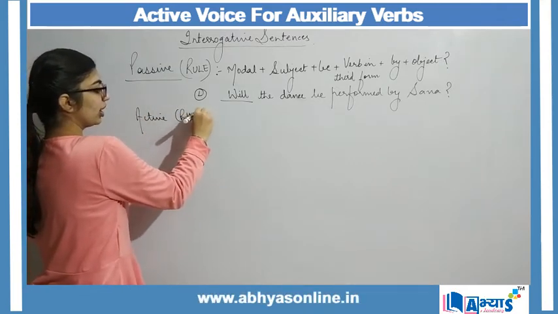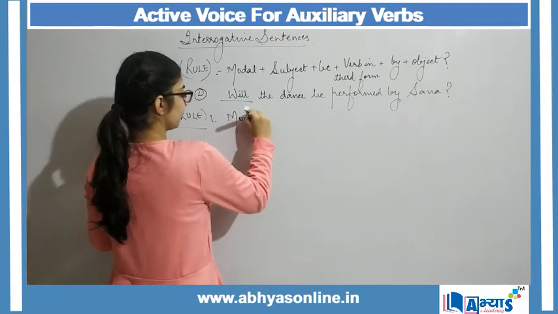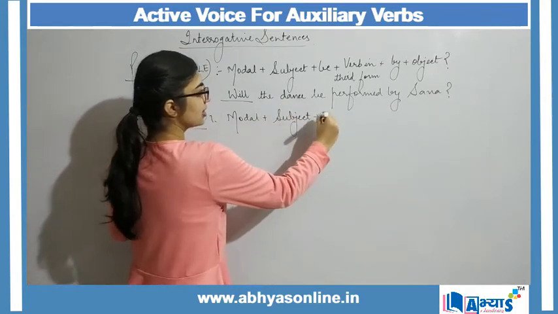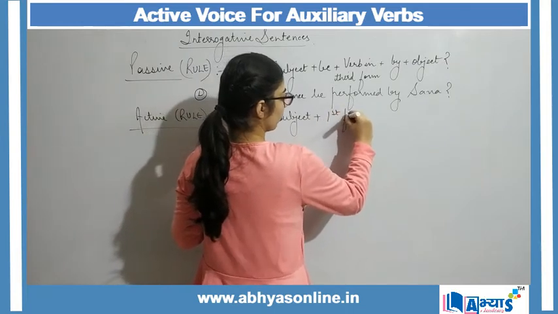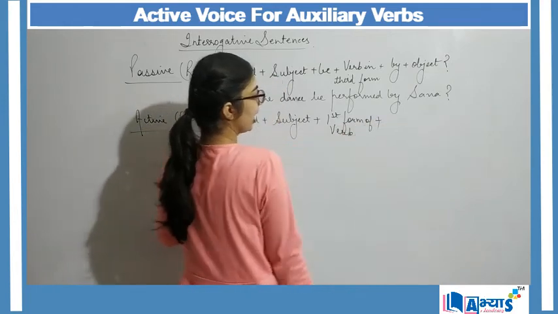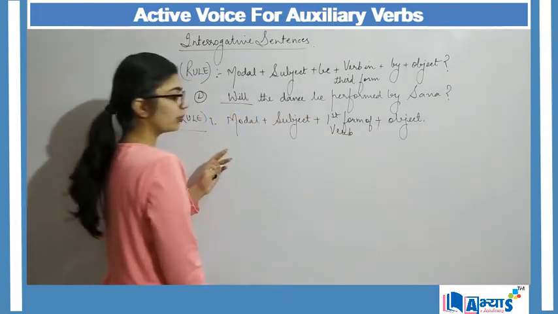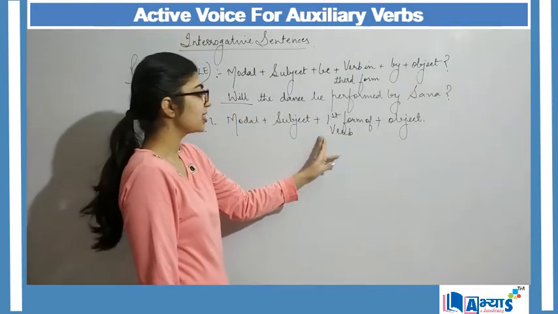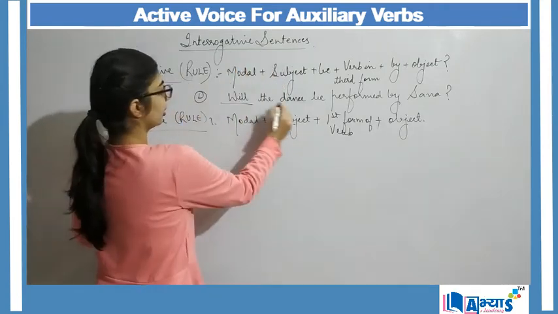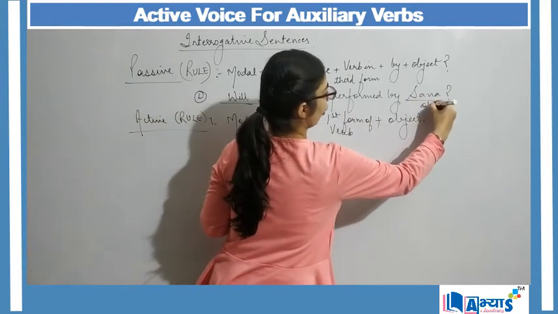And the rule to convert it into an active voice will be modal plus subject plus the first form of verb plus the object. So here dance is the subject and Sana is the object.